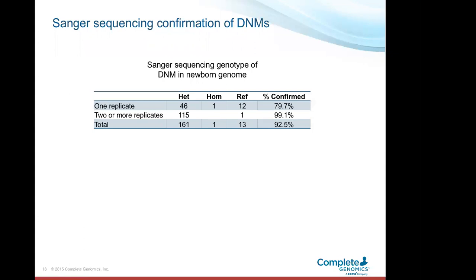And out of all the successful Sanger sequencing, over 90% of the predicted de novo mutations are indeed found as heterozygous mutations. For those that are called in more than one replicate, over 99% are confirmed, indicating that using replicate libraries will improve our de novo mutation call capabilities.